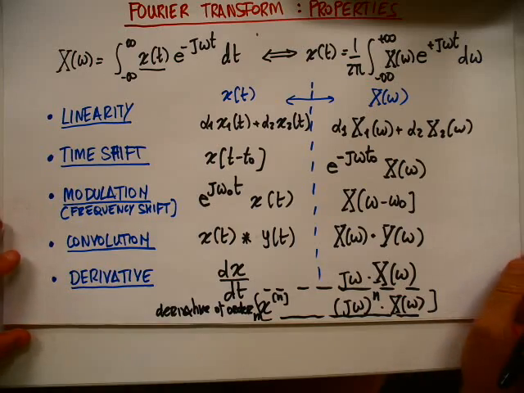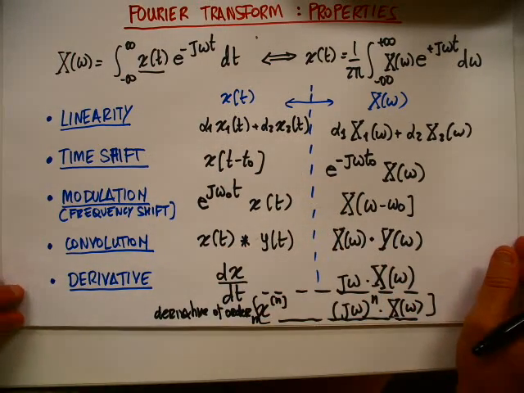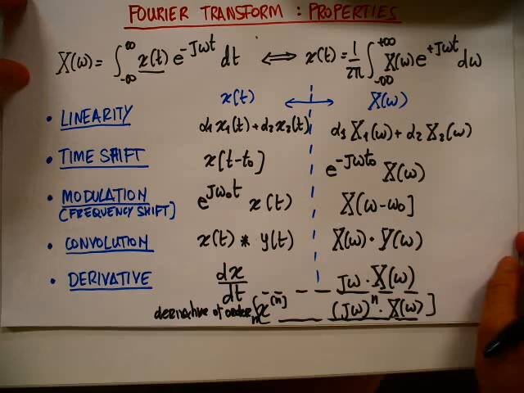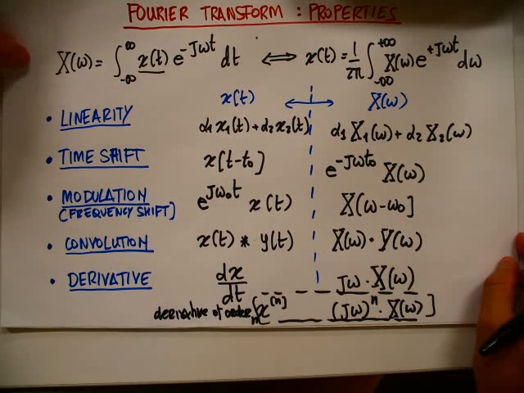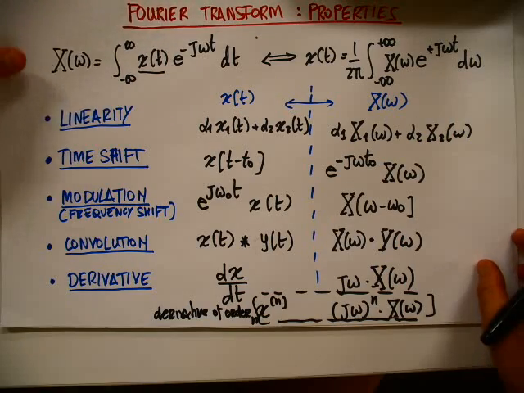Okay, so I will go over some of these properties. Let's try to prove them. But before doing that, let me show also another important property, which is the duality.